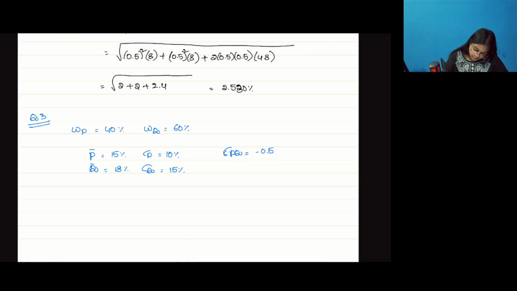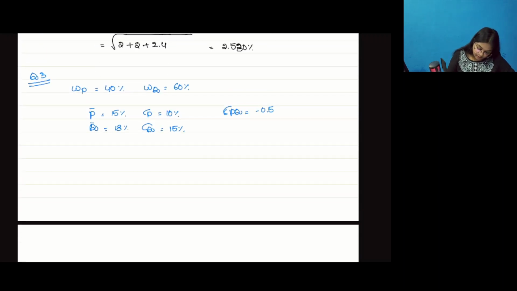So here with the data which they have given, first we'll calculate return of portfolio.